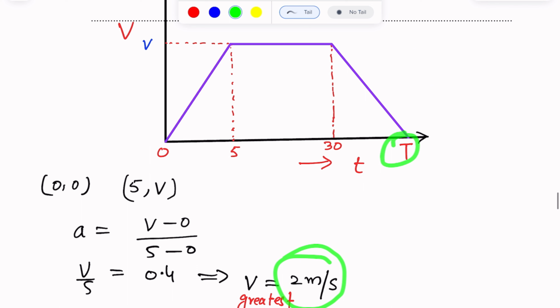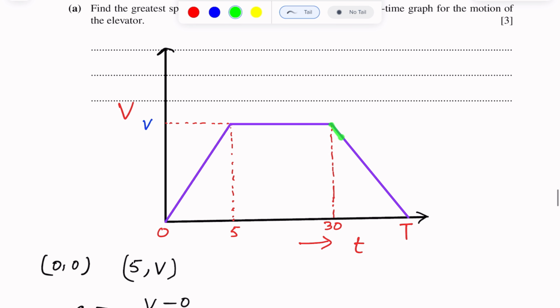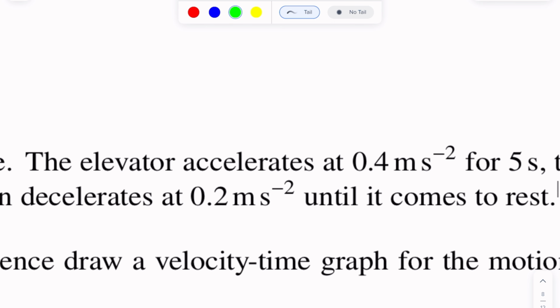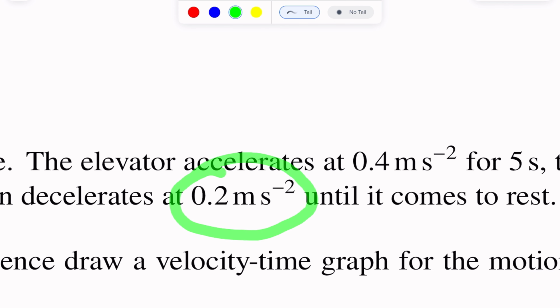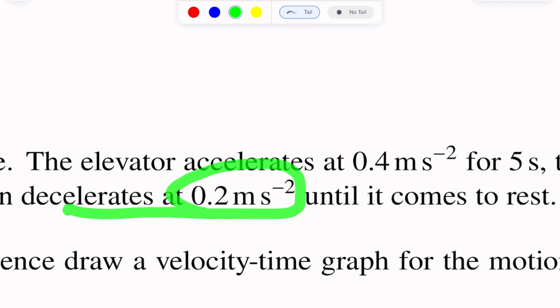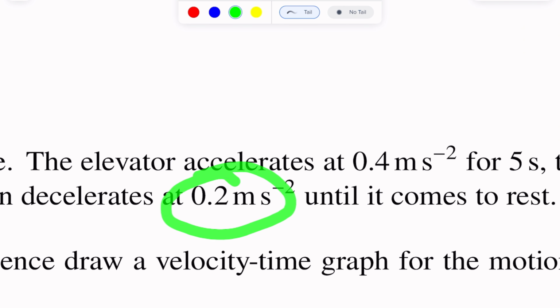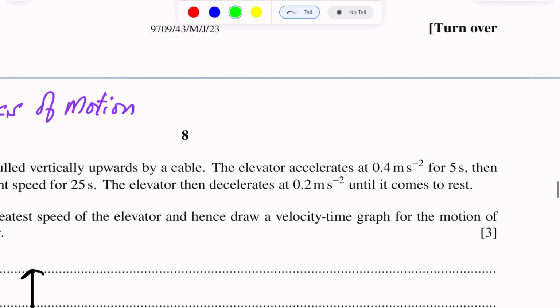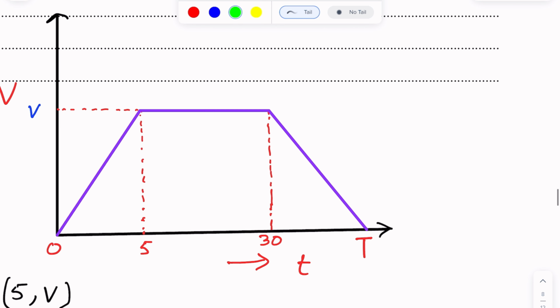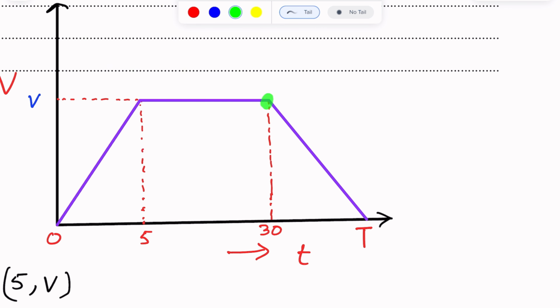Now what is the value of this t? Since the deceleration is given, we will find the gradient of this line and equate it to 0.2 meter per second square. This is deceleration, so we will take its sign as negative. We will find the gradient of these 2 points and equate it to the deceleration, and we can find the value of t.